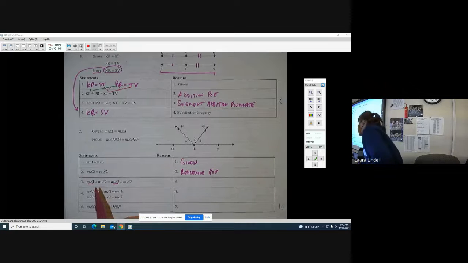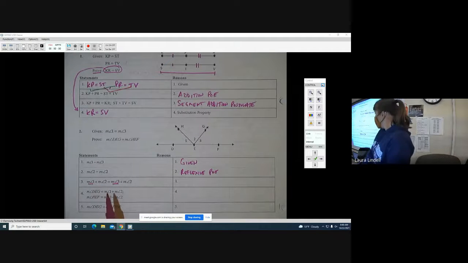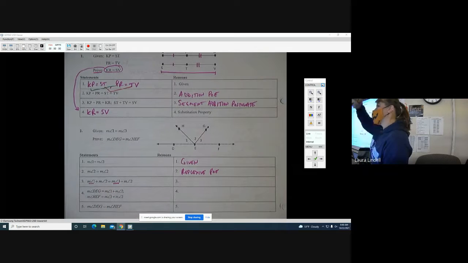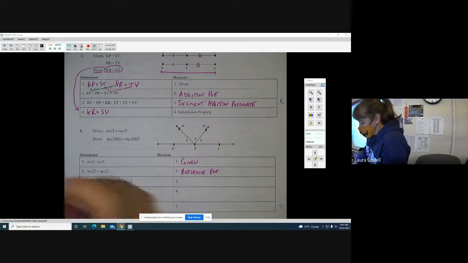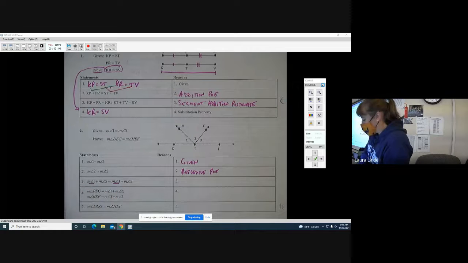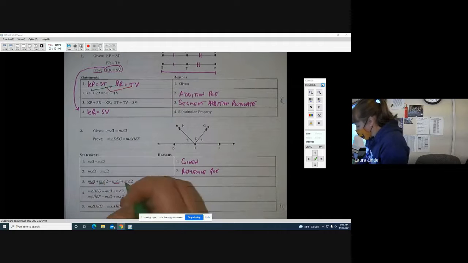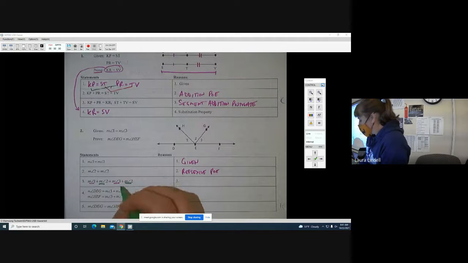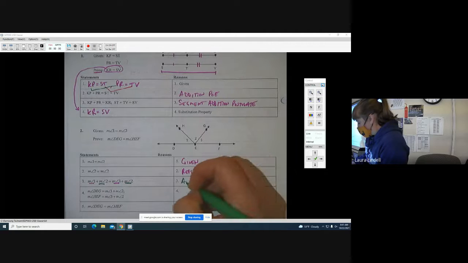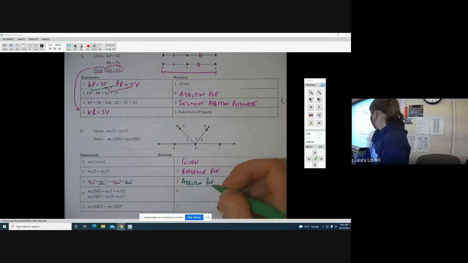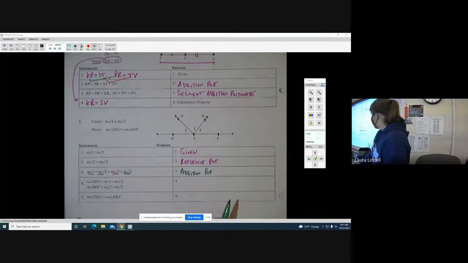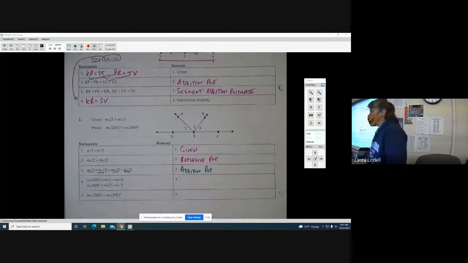What'd you say? This one's not symmetric or transitive. This one is, what is it? Addition. Yeah, it's even simpler than symmetric or transitive because we're adding the same thing, angle 2, on both sides. Anytime you add something to both sides, that's addition property. And I know it feels a little weird sometimes mixing the ones from last week and the ones from this week, but that's what we're doing.